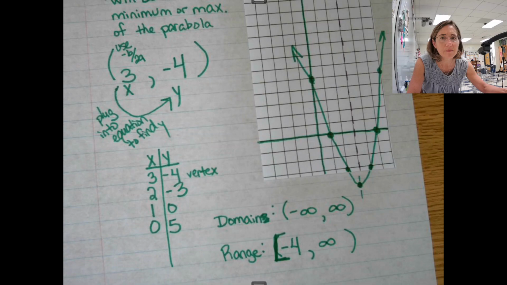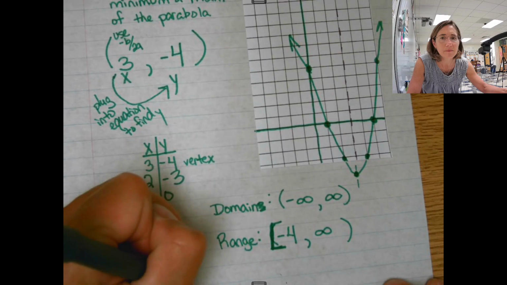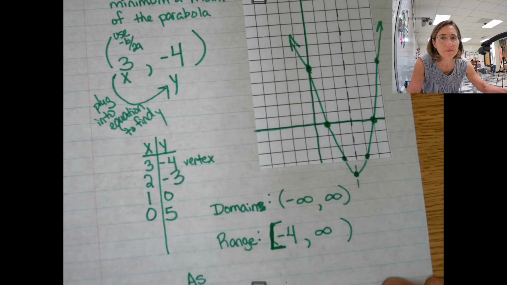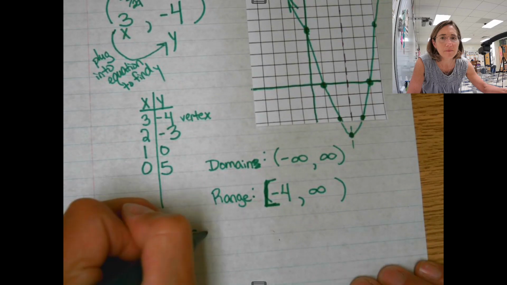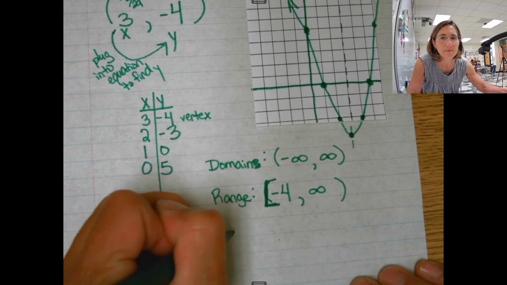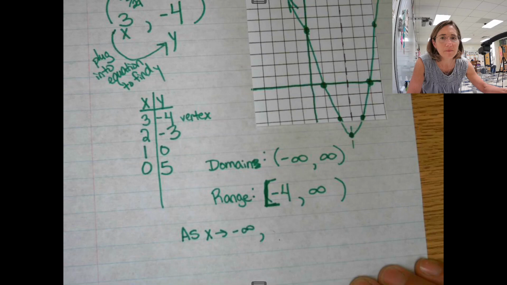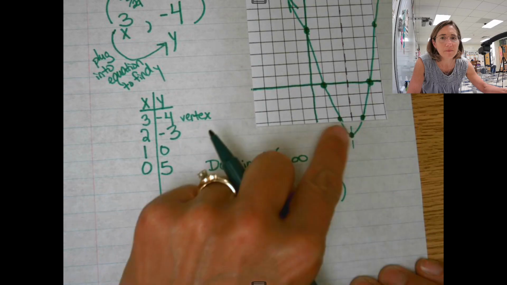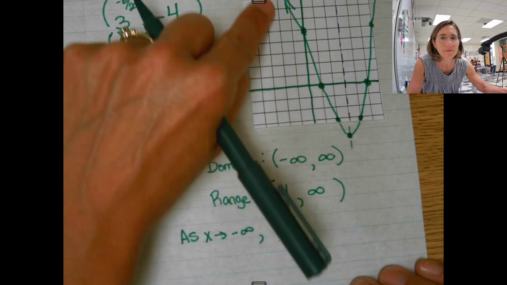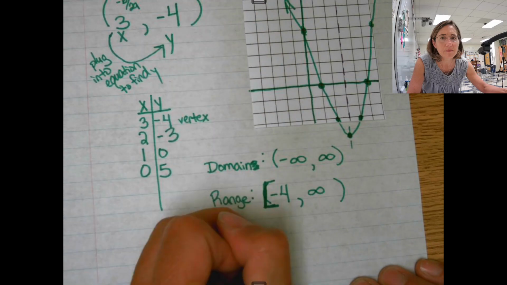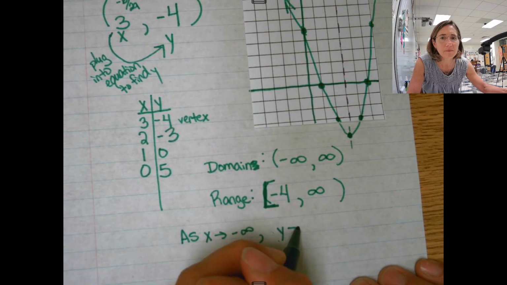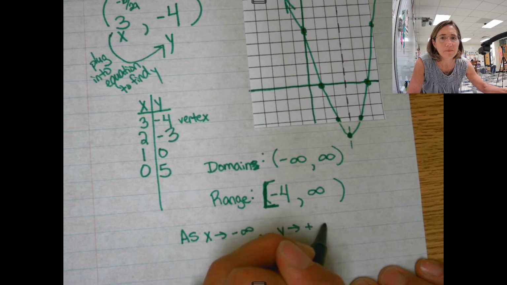What about end behavior? So let's talk about as we go to the left. To say left, we say as x approaches negative infinity. That's the fancy way of saying left. What do your y's do as you're heading left? Well, they go up. So the fancy way of saying up is that y's approach positive infinity.